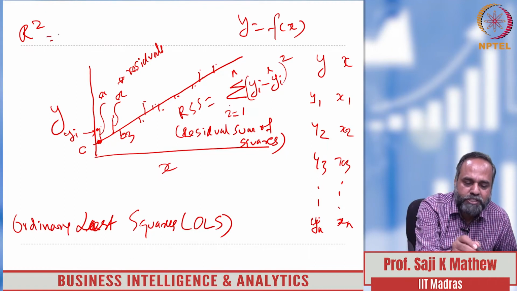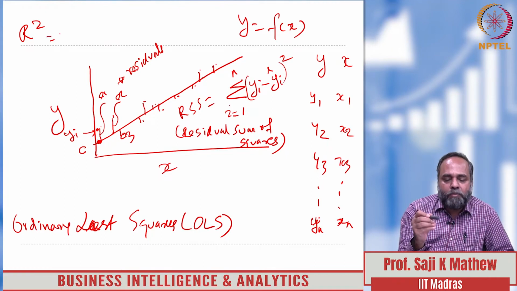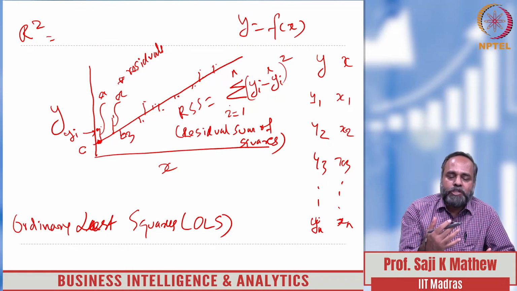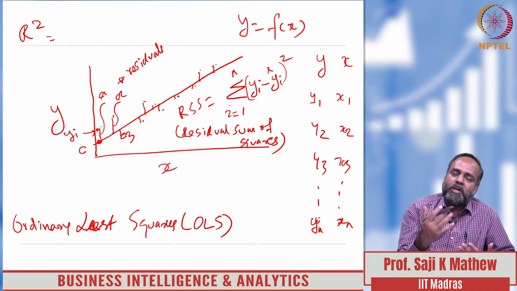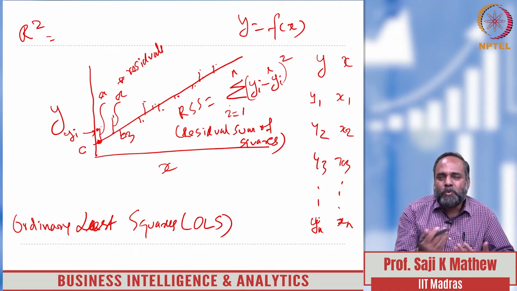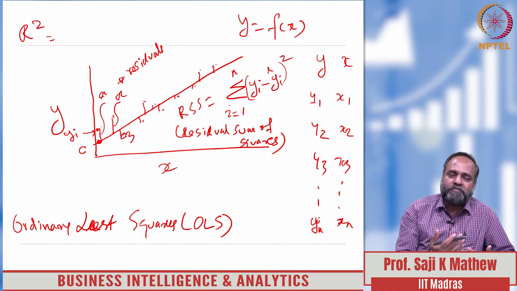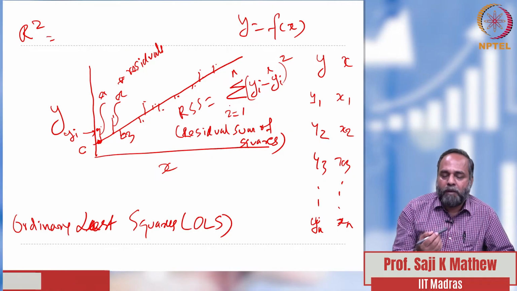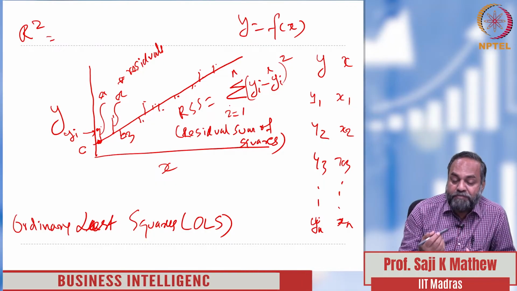R squared is a measure of fit, and the good thing about R square is that it is a ratio, and it can be converted to a value between 0 and 100. 100% meaning really good fit and 0 meaning no fit at all. So, you get a measure which is comparable, and more intuitive to comment on models, how well the model is fitting with the data.